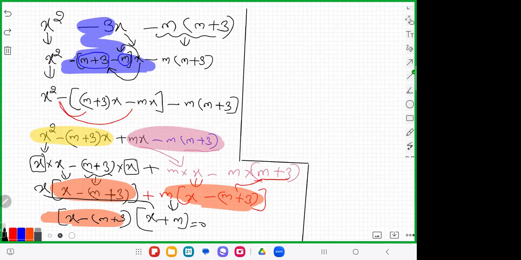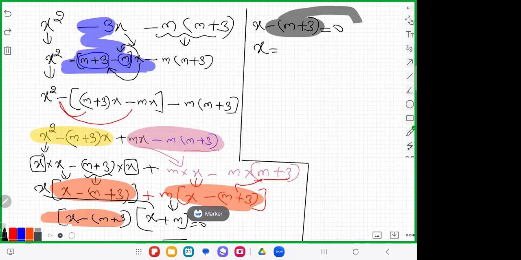So the first bracket is 0, you will get x minus m plus 3 equal to 0. The value of x is equal to, take this minus m plus 3 to the right side, it becomes plus m plus 3. So we got one value for x as x equal to m plus 3.